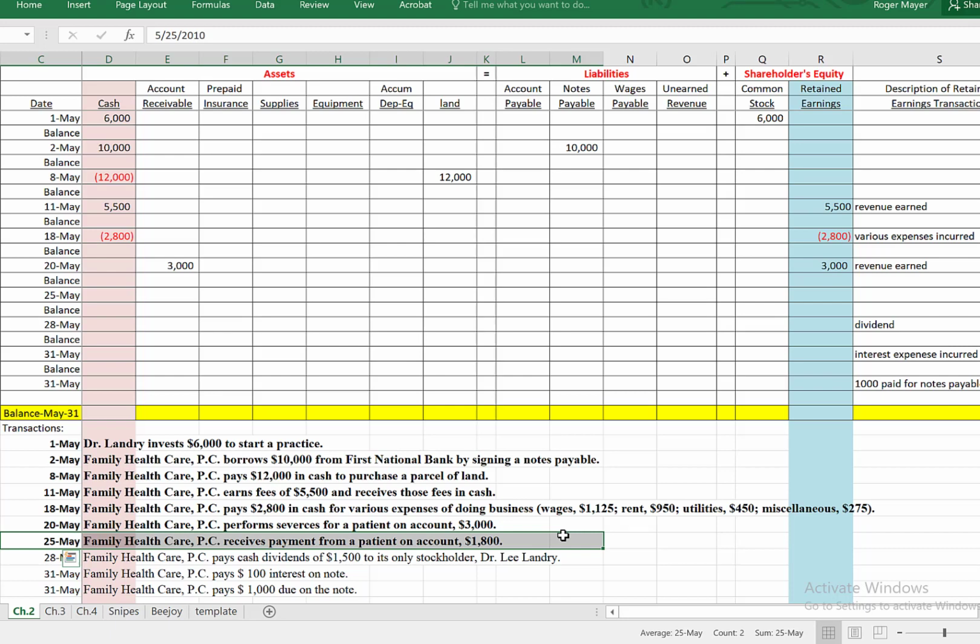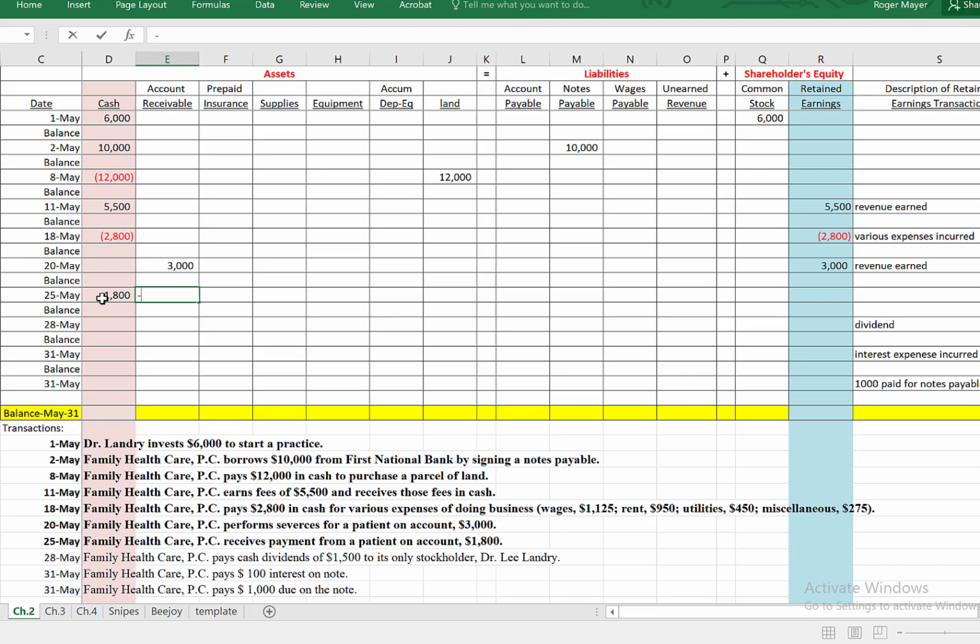So you notice on May 25th, Family Healthcare receives $1,800 from a patient on account. So what's actually taking place? Well, we know that we now have $1,800 because someone paid us. Well, what is the additional entry? Well, the additional entry is the patient no longer owes us $1,800. He now owes us $1,200.